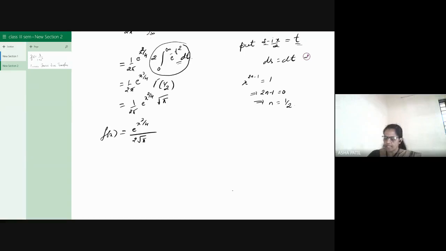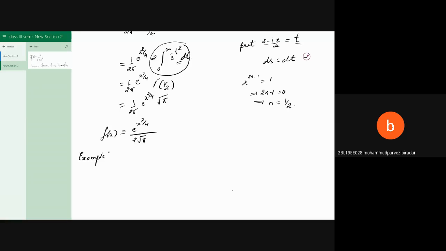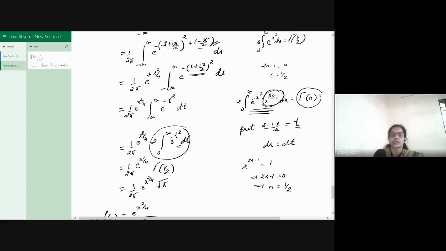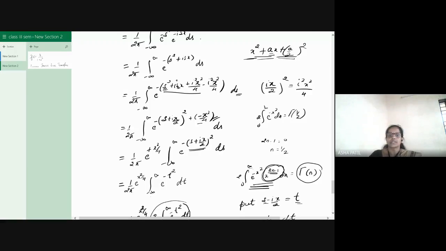Let me go for one more example. Ma'am, it is e raised to minus x square by 4. Is that minus? No, minus of minus has become plus. I'll show you. Here, see, outside you have a minus. This minus is multiplied to this minus, so it has become plus.